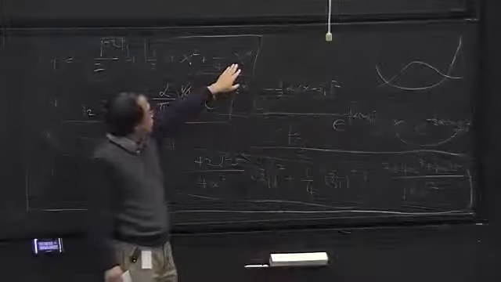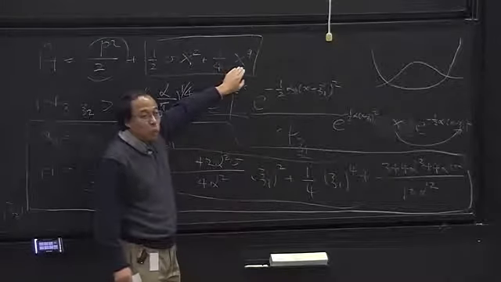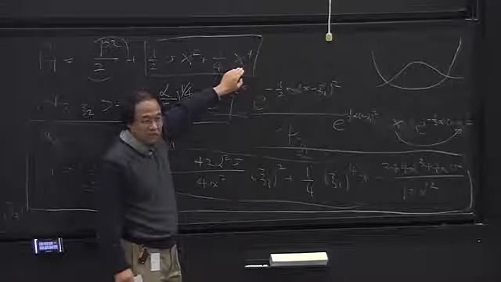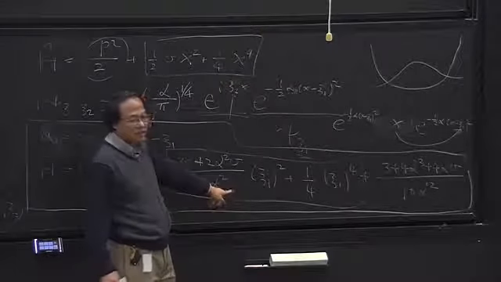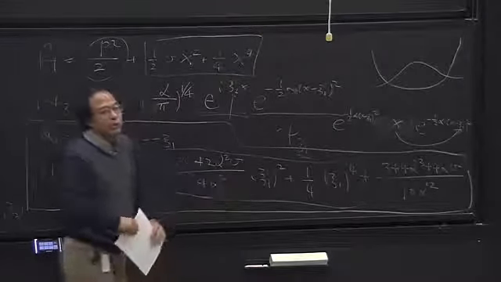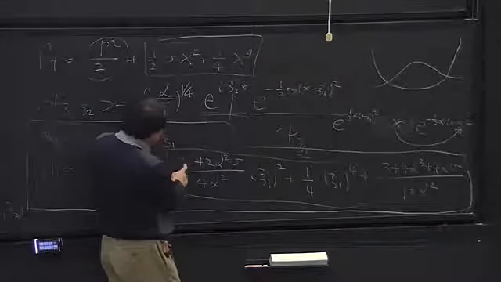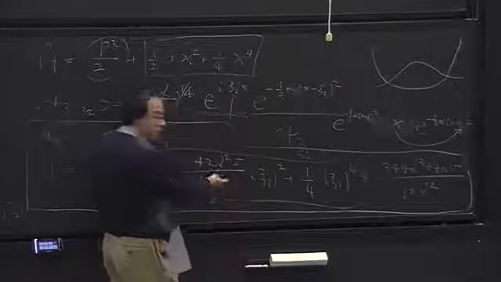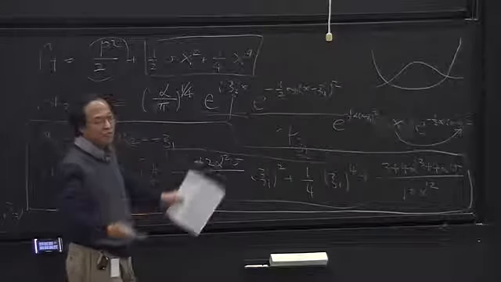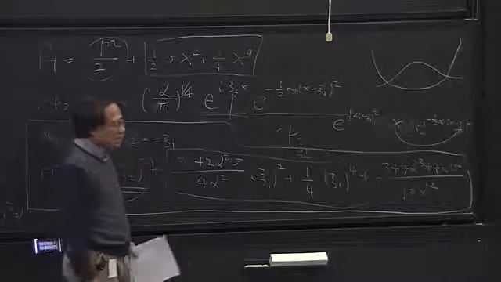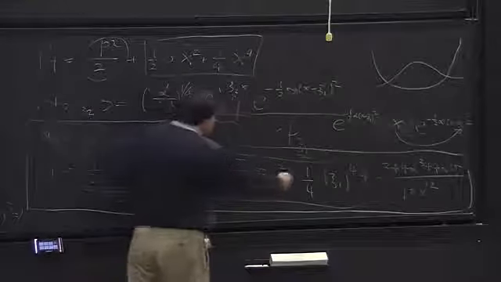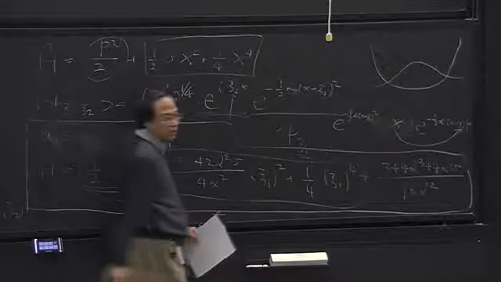We have a pure x to the 4th term. Not here. Even when v equals 0, we still have a 3 alpha over 4 alpha squared. Alpha is not equal to infinite or 0. So even when v equals 0, we still have a finite spring constant.